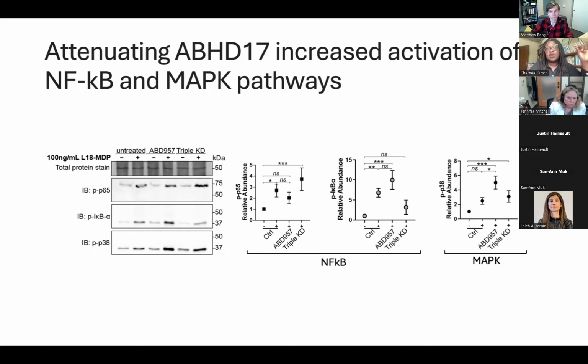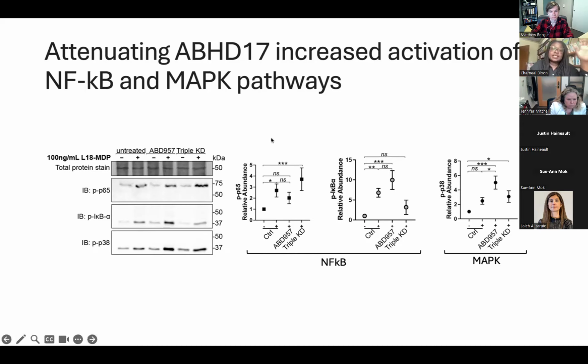We observed this both in RAW cells and in the same colorectal cells that we're using here for this study when the cells were treated with MDP. So we fully expected that the increased palmitoylation from attenuating ABHD17 would result in an increase in NF-kappa B and MAP kinase responses. And as predicted, cells that were chemically inhibited with ABD957 and those that were depleted of ABHD17 using siRNA displayed an increase in both NF-kappa B and MAP kinase responses.